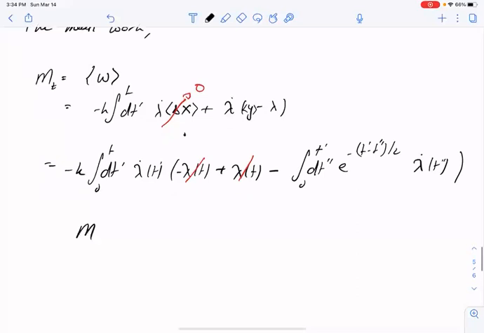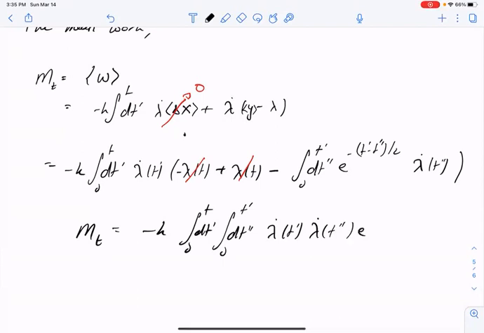So putting this together, the mean value of the work is minus k integral dt prime from 0 to t, integral dt double prime from 0 to t prime, lambda dot of t prime, lambda dot of t double prime, and a convolution of those with this Green's function dependent on the characteristic relaxation time of the system. So that's its mean. To go any further, we would need to specify exactly what we mean by the protocol.